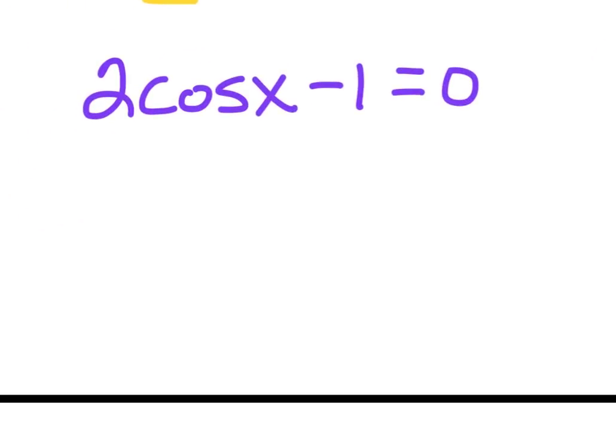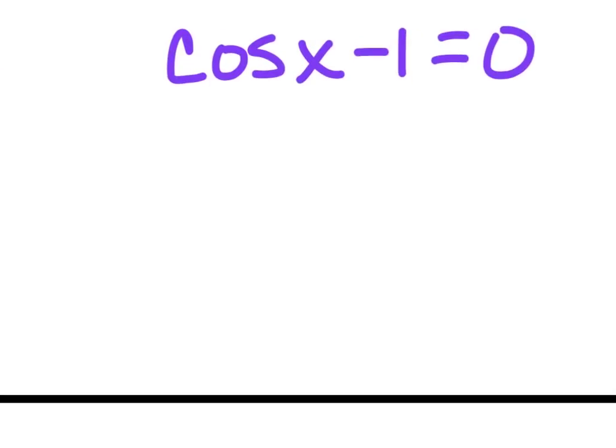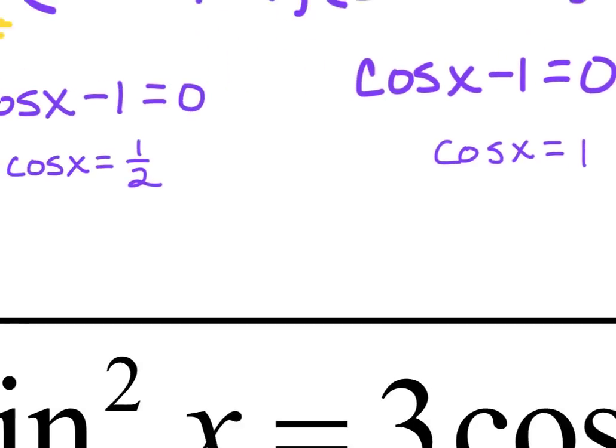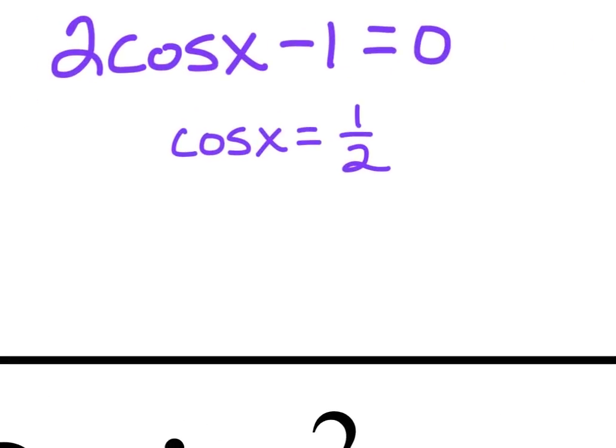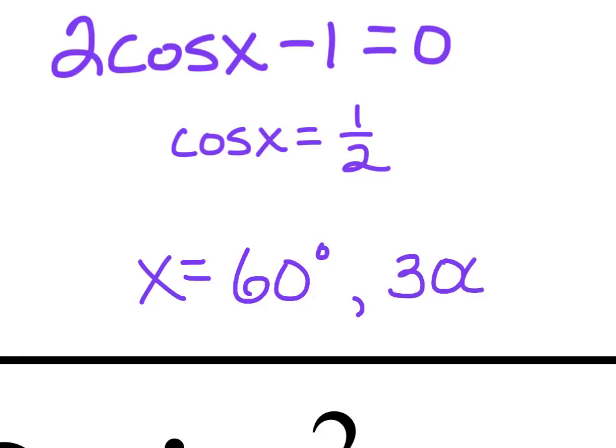So here you get cos x equals positive 1/2, and here you get cos x equals positive 1. Cosine of x is 1/2 at x equals 60 in the first quadrant, and cosine is also positive in the fourth quadrant, so 300 in the fourth quadrant.